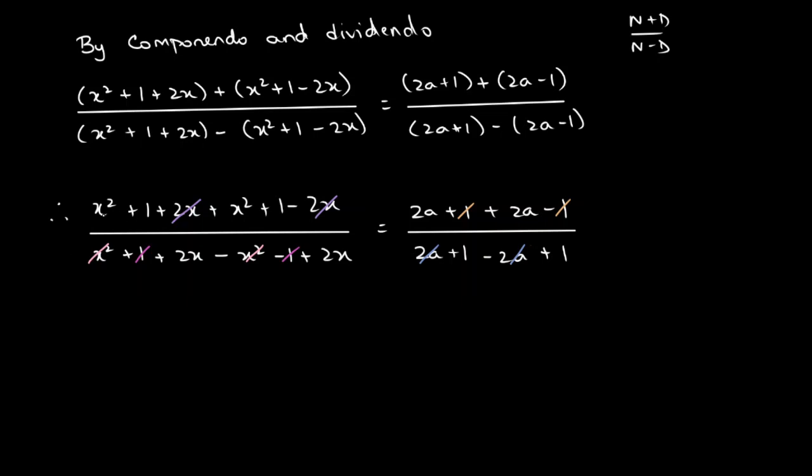Okay, so let's see what we have. x squared plus x squared makes it 2 times x squared, 1 plus 1 makes it 2. So 2x squared plus 2 upon 2x plus 2x, which is 4x, is equal to 2a plus 2a, which is 4a, divided by 1 plus 1, which is 2.